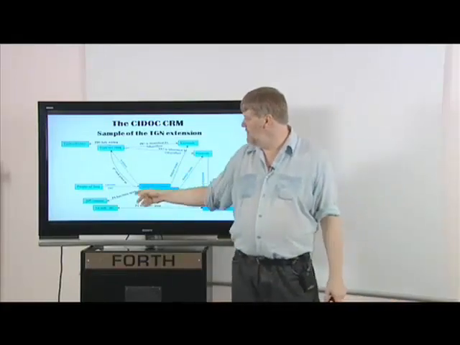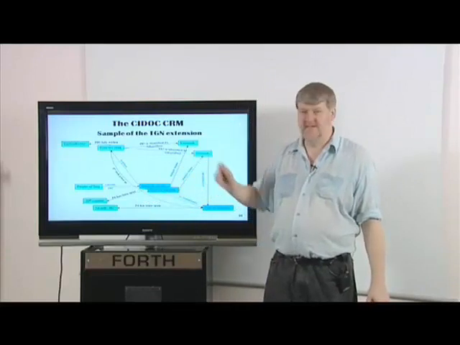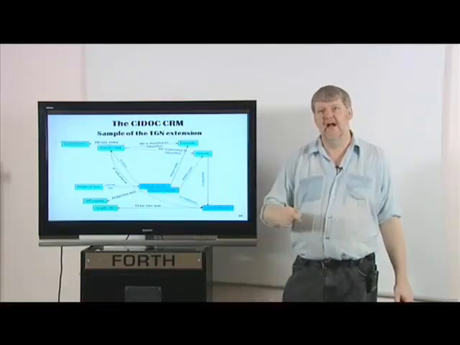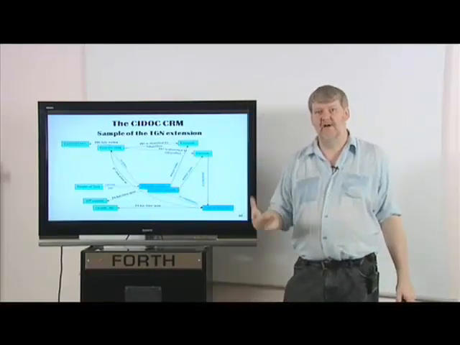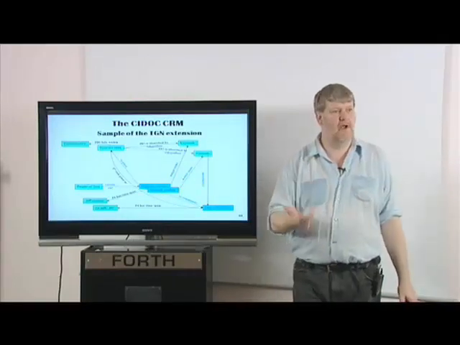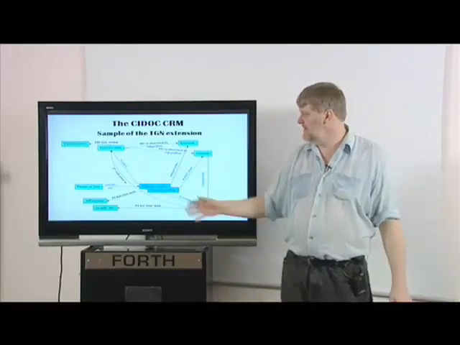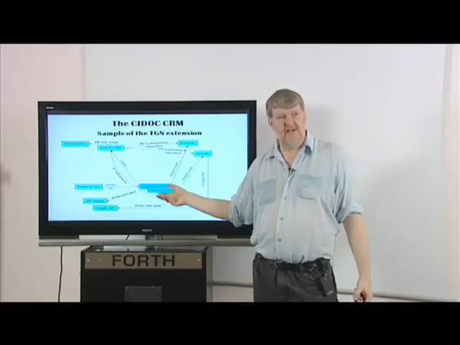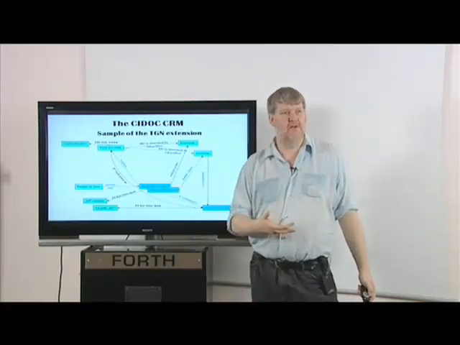So I can model those different changes in the way people have named things just by using this extension. But the extension is fully compatible with the original. So if I have data that uses the extension, I can still search it using the mechanisms that are available to me for searching general cases of CRM data.